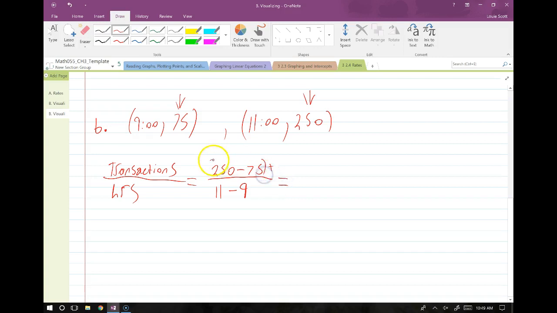I'm going to keep my units here: TR for transactions, and HRS for hours. Now I do my subtraction. 250 minus 75, I believe, is 175. And 11 minus 9 is 2 hours. So 175 transactions for every 2 hours.